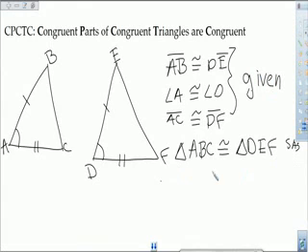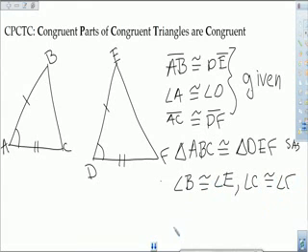And I know that angle A is congruent to angle D. And that side AC is congruent to side DF. How do I know those things? They are given.